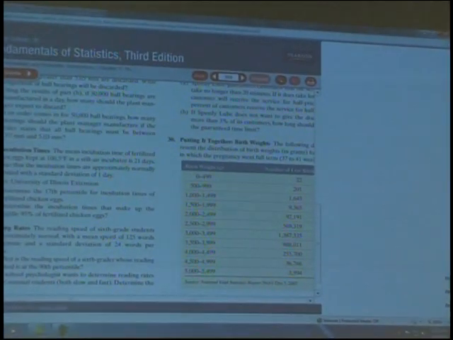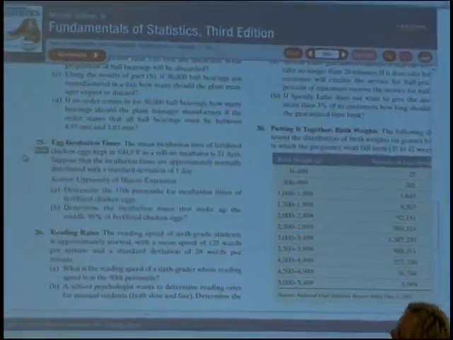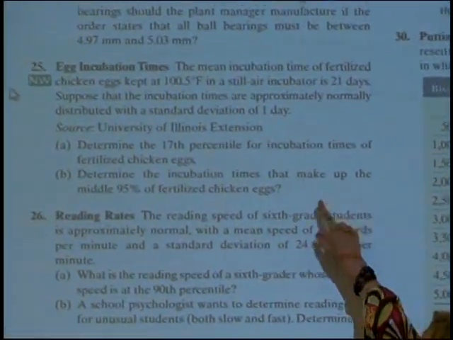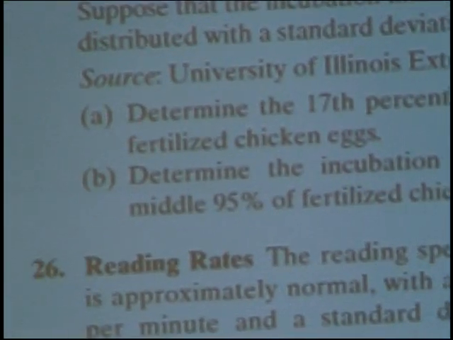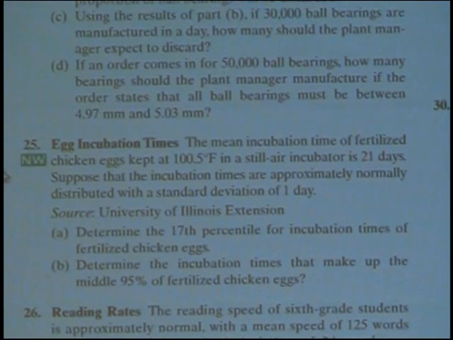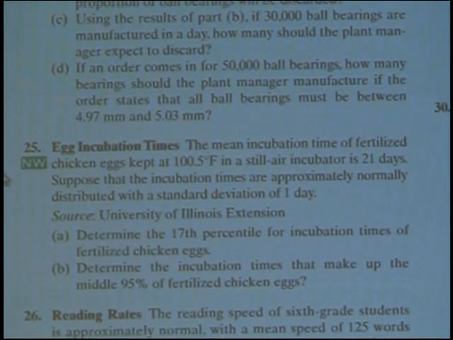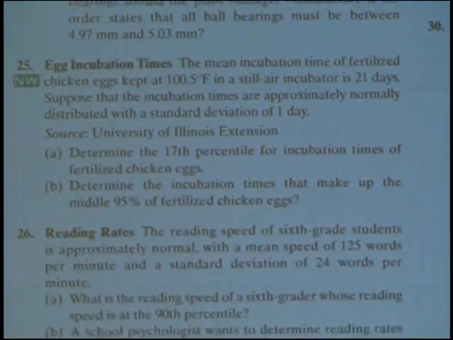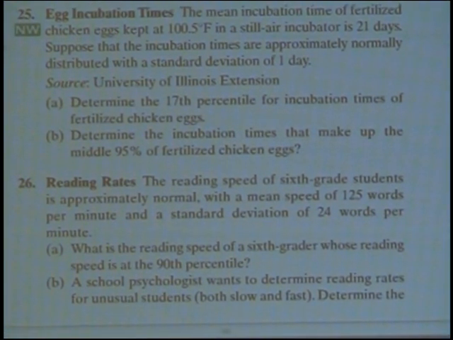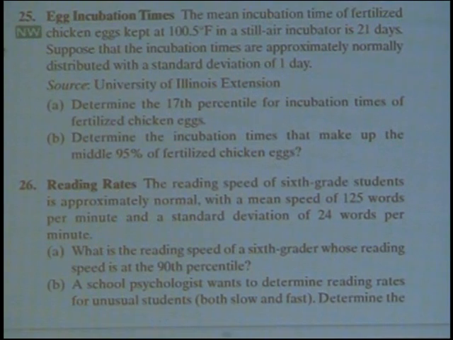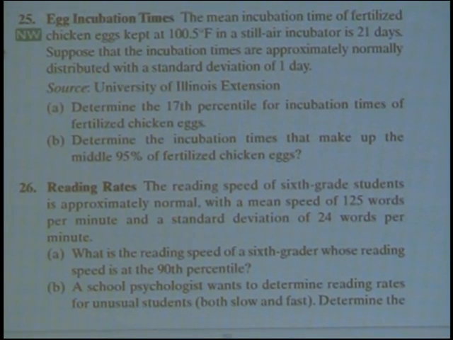Let's look at part B. We want to determine the incubation times that make up the middle 95% of fertilized chicken eggs. The X's, we're going to get 2 of them. And notice it says middle 95%.